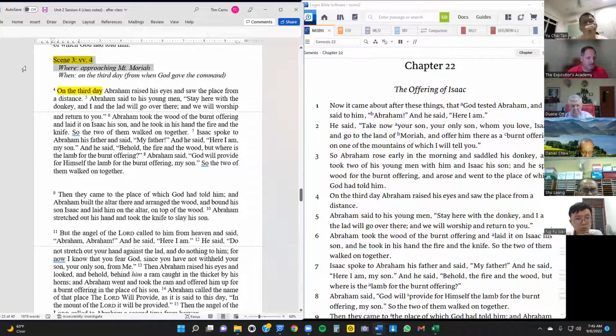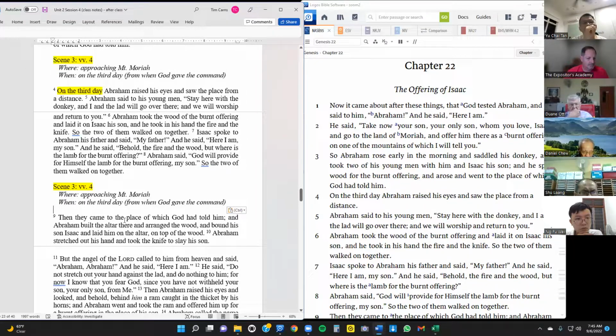It says now they came to the place. So they weren't there yet until verse 9. So they're actually at Mount Moriah in verse 9. And it's still on the third day, right? We would say later on the third day. I believe you're correct. I think this is the next scene here.